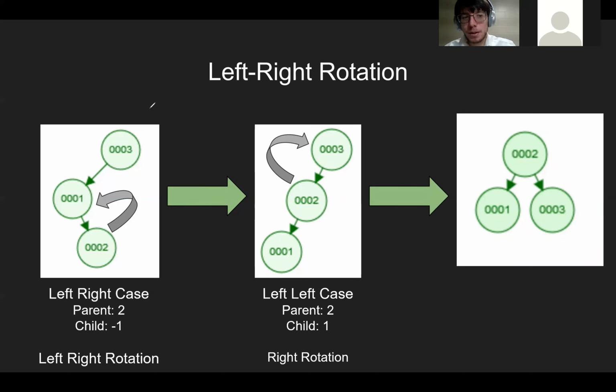If I put them in a list in ascending order, I would have 1, 2, 3. I take the middle element, which is 2, and put the smallest one on its left and the larger one on its right. Visually, I think that helps me. That's not really what's going on, since you have to do these rotations, but if you have to figure out what the tree is going to look like afterwards, I think this helps.